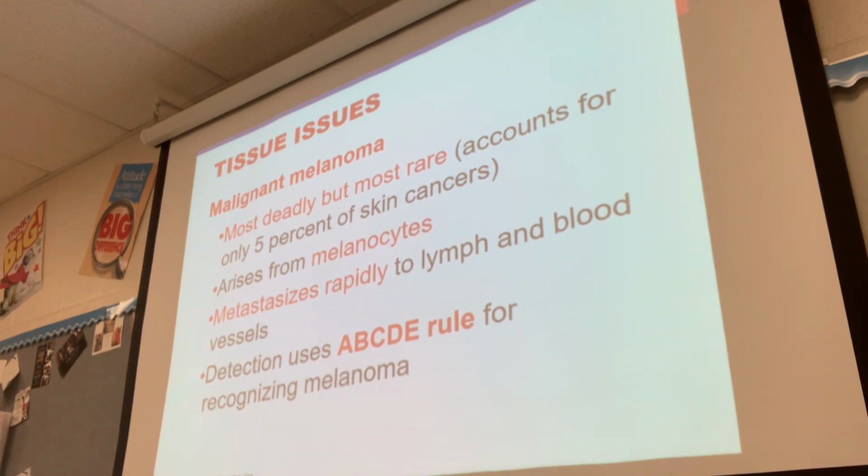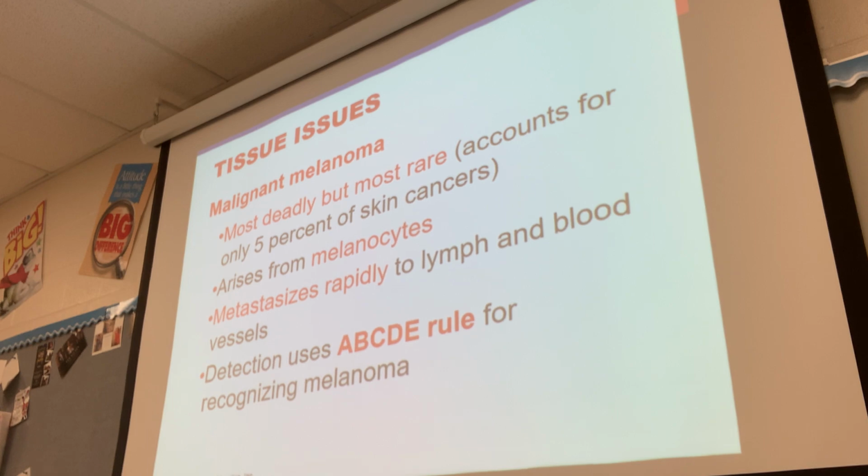So that's why if you get malignant melanoma, you need to get it taken care of. It spreads through the bloodstream and the lymph nodes. And so it's important to get this taken care of as soon as you notice it. There is a rule for detecting it, ABCDE, which we will go over in just a moment, that helps you to determine, okay, well, this mole looks suspicious.